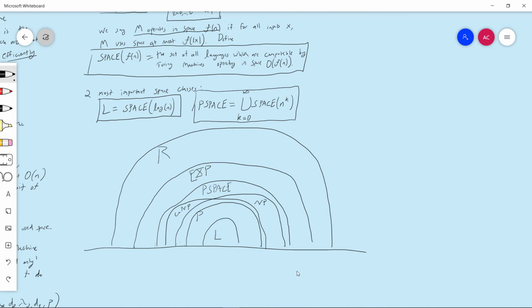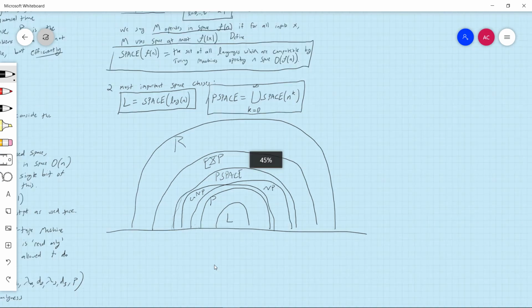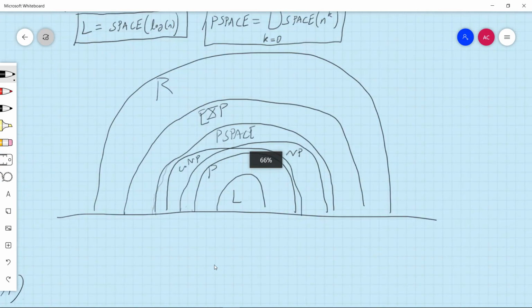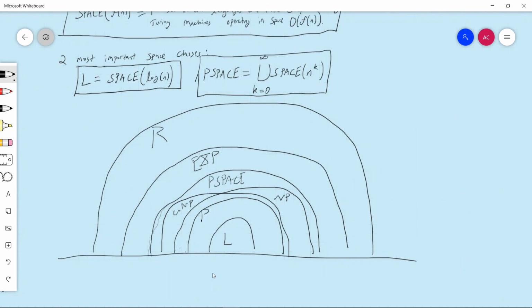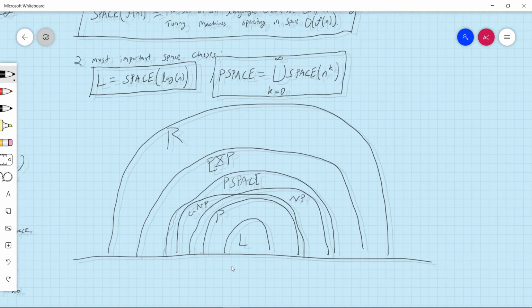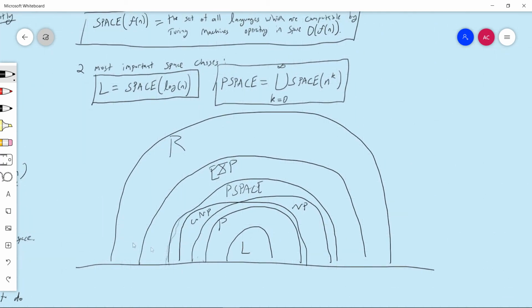Really, in terms of complexity theory, the focus is on PSPACE and what's inside of it. But this is our first broad overview of a hierarchy, and there's much more to say here. This is the beginning of the picture that we're going to be drawing. So thanks for watching, and next time we will start to really get into proving things.